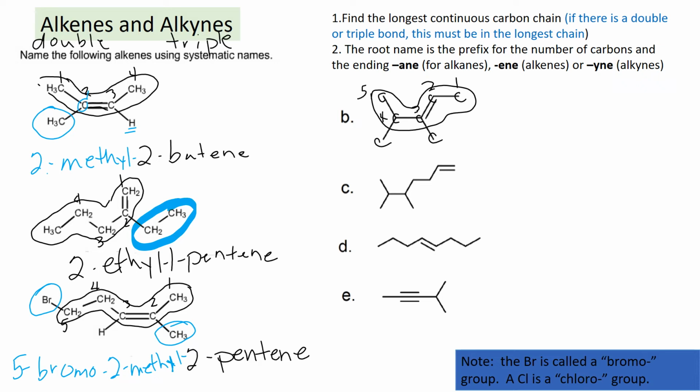So we have 5. It's pentene. And it's a 2-pentene because the double bond is on carbon 2. And we also have some branches. We have this branch and this branch. So both of the branches are methyl. So we'll call this 3,4-dimethyl-2-pentene.